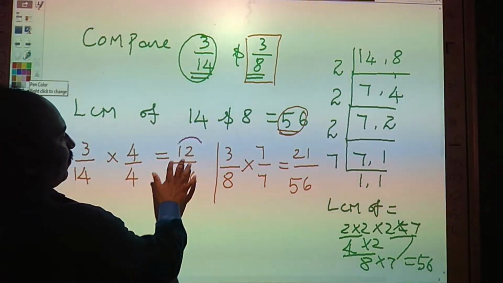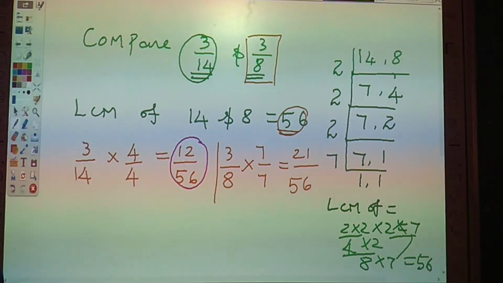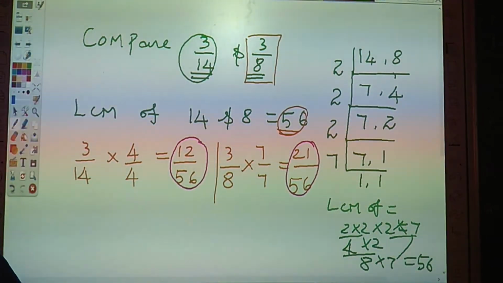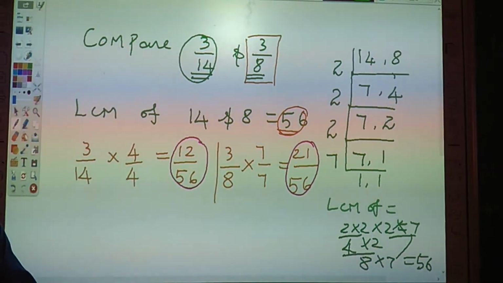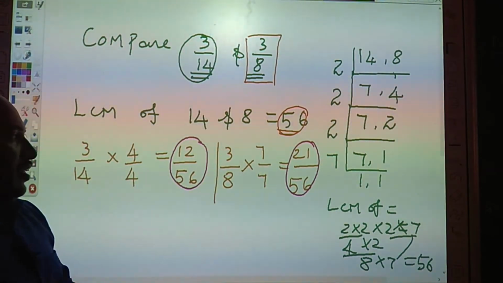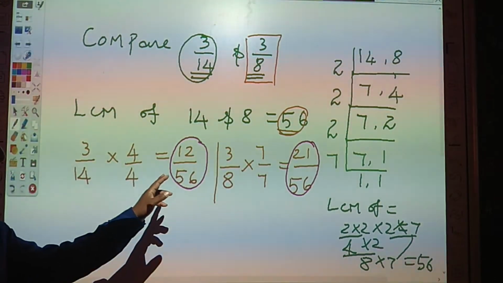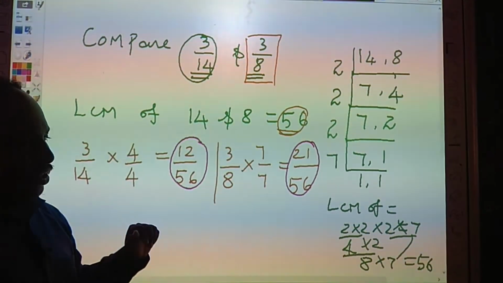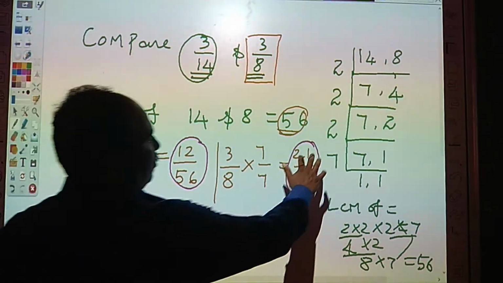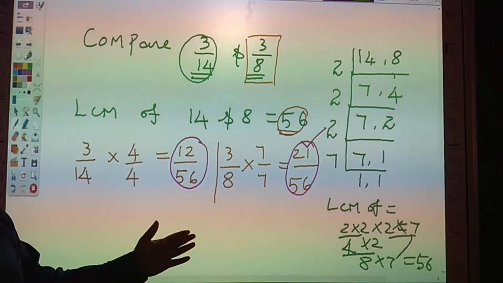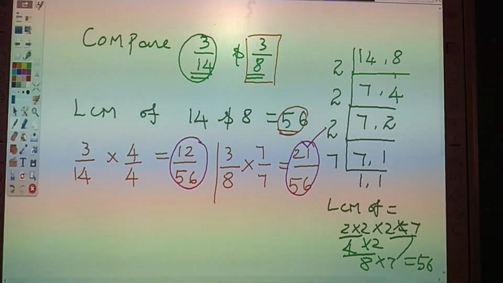The first one is 12 divided by 56 and the second one is 21 divided by 56. Our question is, which one is greater? The denominator is the same, but the numerators are 12 and 21. Which one is the largest number? 21 divided by 56.